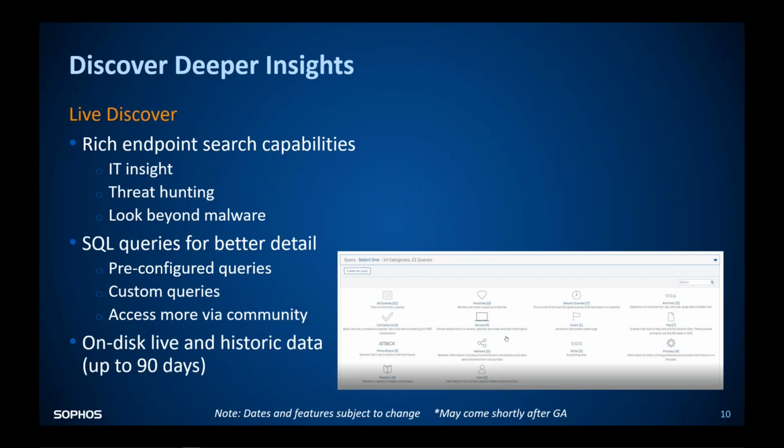All of that's been recorded and stored locally on the device. That historic data typically goes back about 90 days. And when you look at the need to understand how did I get breached, often the adversary may have been in the environment for weeks or months. So that 90-day access to the historic activity is really critical.